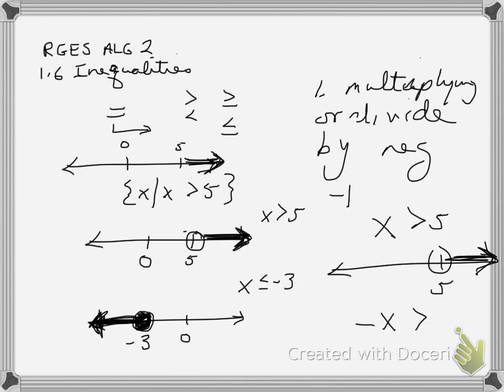Let's start off with something else here. Say I begin with 5 is greater than 3. And that's a true statement. What if I multiply by a -1? I would get -5 is greater than -3, multiplying each side by -1.